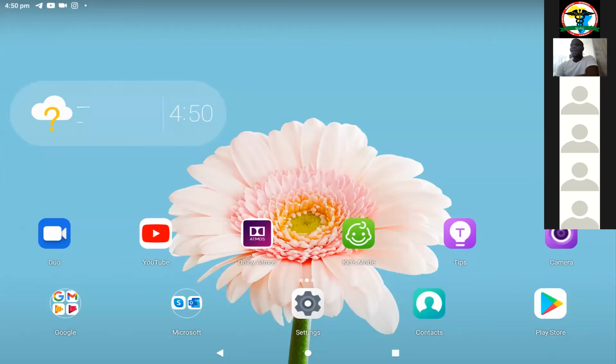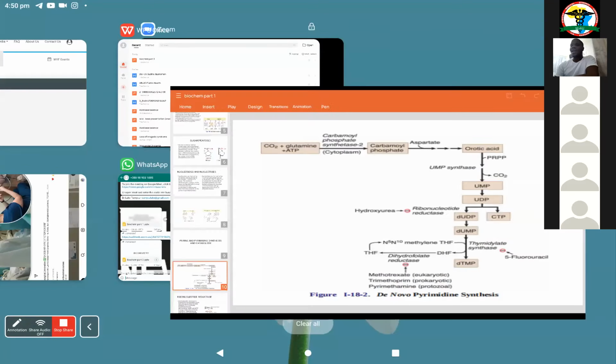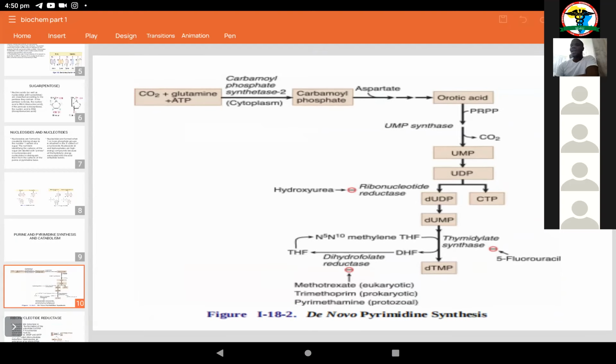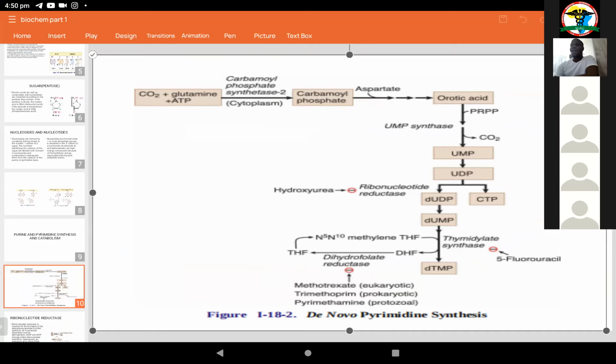So that is for Krok, that is the most important thing to know about this pathway. And that's why you see these drugs that are present. These drugs inhibit a particular enzyme in this particular pathway. So the most important thing you have to know is the enzyme that is inhibited in this pathway and the drug that inhibits it.